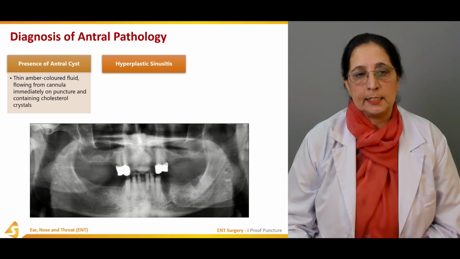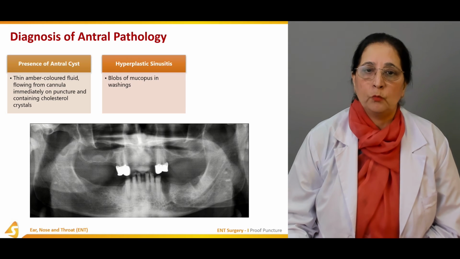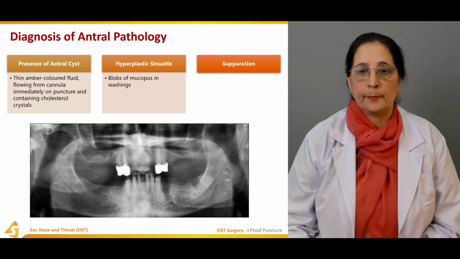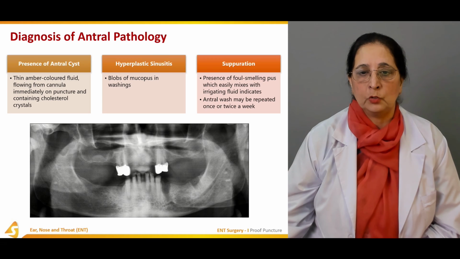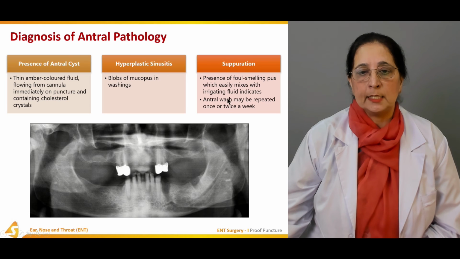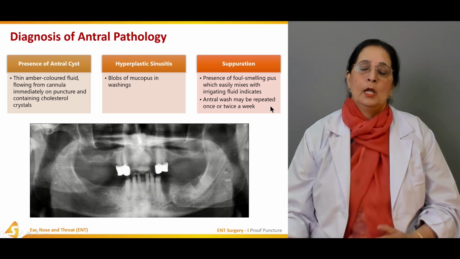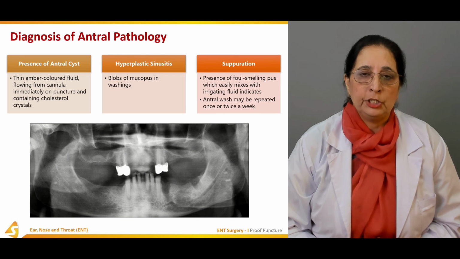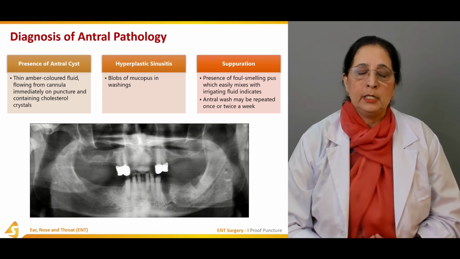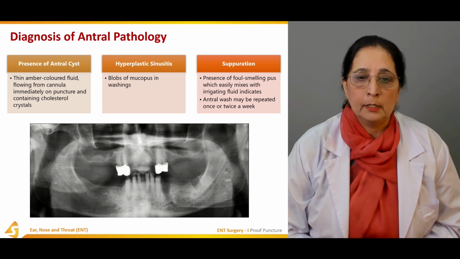In hyperplastic sinusitis, blobs of mucopus are present in the washings, and suppuration, if present, shows foul-smelling pus which easily mixes with the irrigating fluid. The antral wash may be repeated once or twice a week. So all these are the conditions in which we can use the antral lavage to find out the antral pathology.